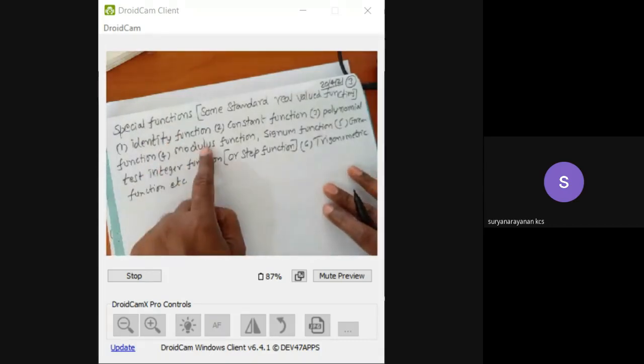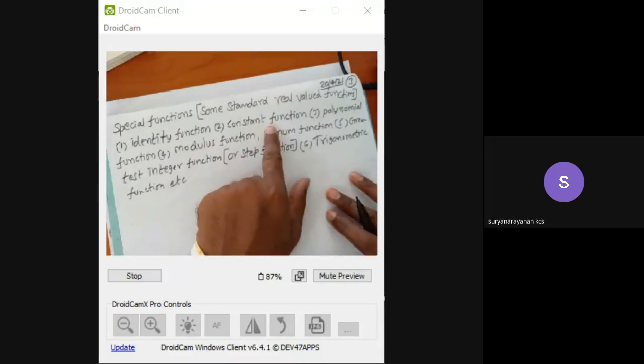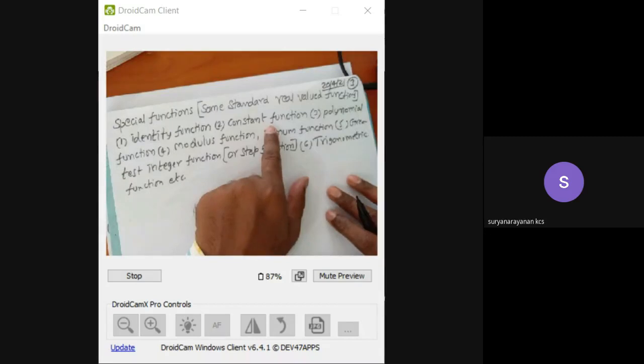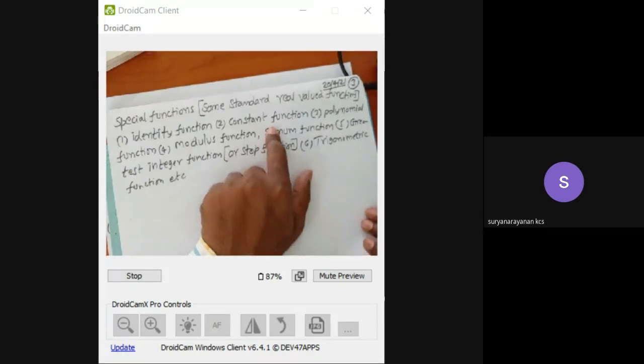Once you go through the definitions of identity function, constant function, do you have first year textbook, my children? Do you have the 11th class math textbook? Yes, sir. Once you go through these special functions, these were given in the NCERT textbook, +1 math textbook.